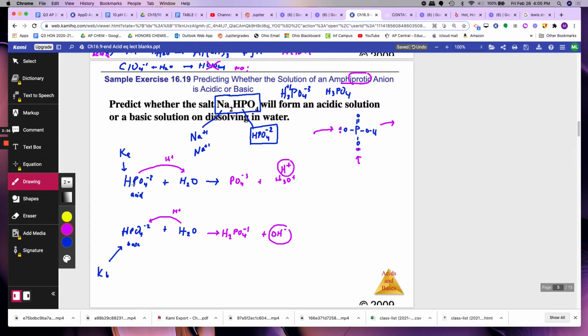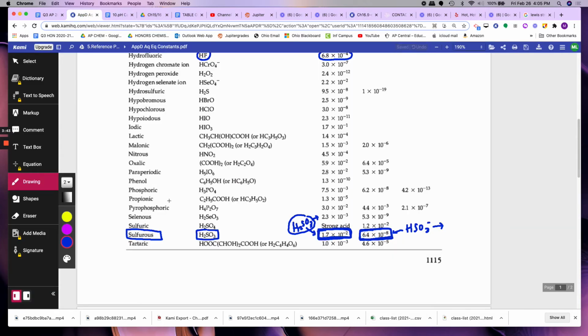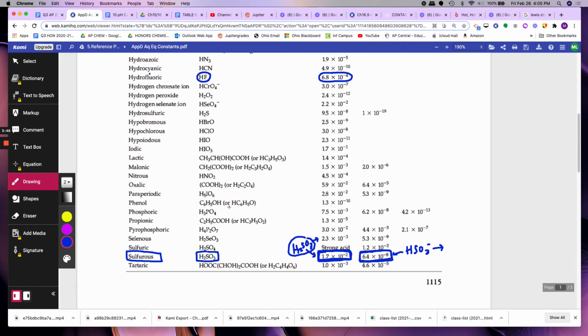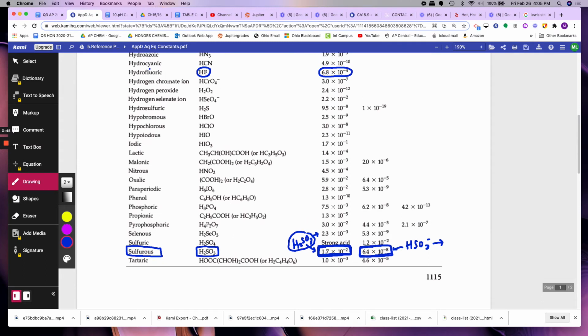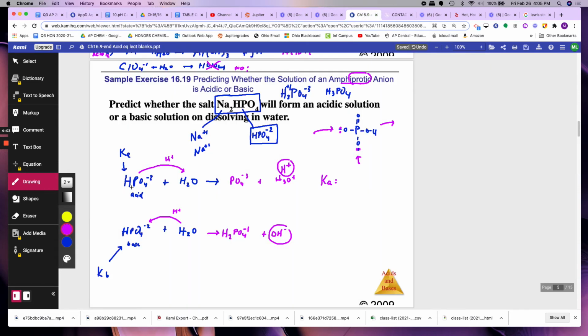So all we have to do is get the Ka of HPO4 -2. So you look that up in this chart, Appendix D. You're looking for HPO4 right here. It has Ka1, Ka2, Ka3. Which one do we want? I don't remember. I have to go back. Okay, so it's HPO4 -2, the one with only 1 H left. So you're removing the third H. So you want the Ka3.